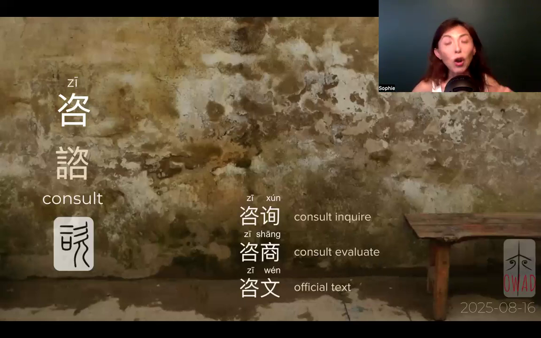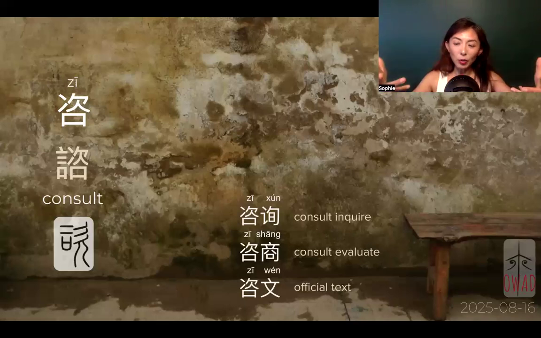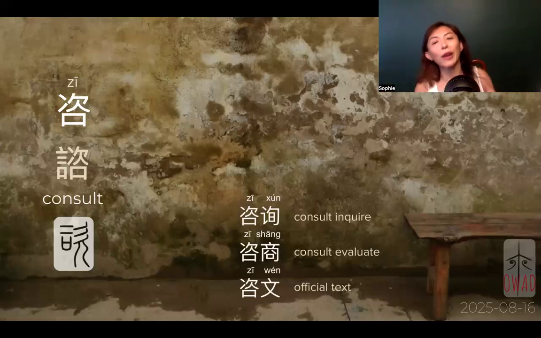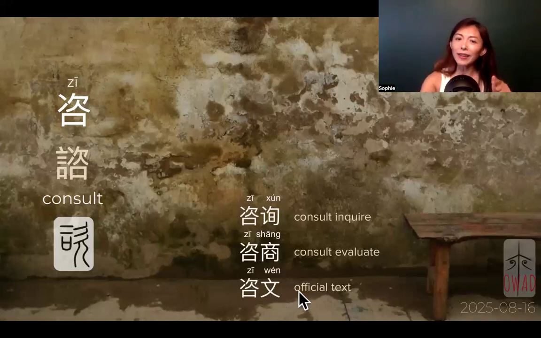So that starting point of evaluating paired with consult, evaluate. It's simply you consult with somebody, and this thinking process of debating, weighing something, and it's definitely more than one brain, at least two brains, putting together their evaluation of things to come up with a more comprehensive or better informed decision. So that's 咨商.